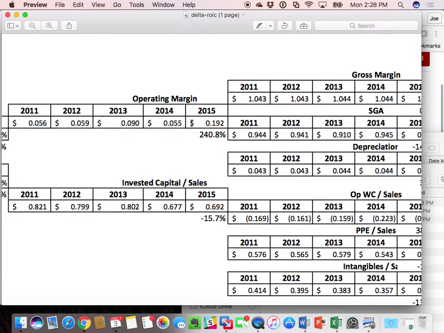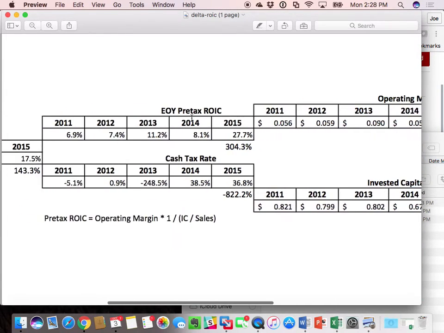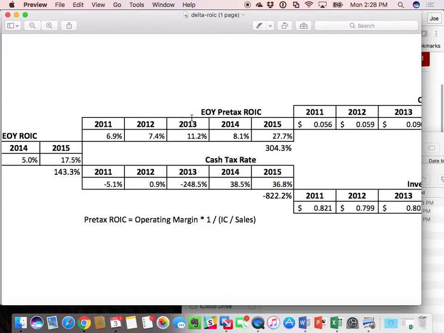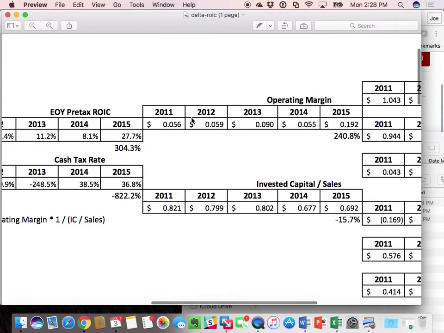I kind of touched on this before, the pre-tax operating margin. There's that big increase from 6.9% up to 27.7% in pre-tax ROIC from 2011 to 2015, so that's a 304.3% increase. If you look at the next level, operating margin goes from 0.056 to 0.059 to 0.09, then back down to 0.055, and then increases significantly to 0.192.